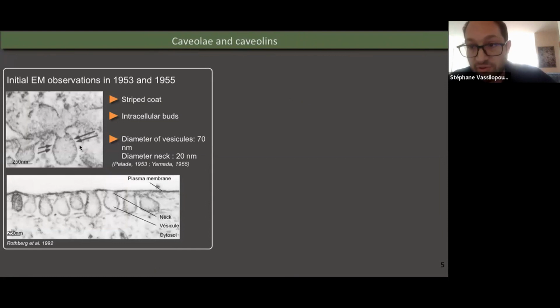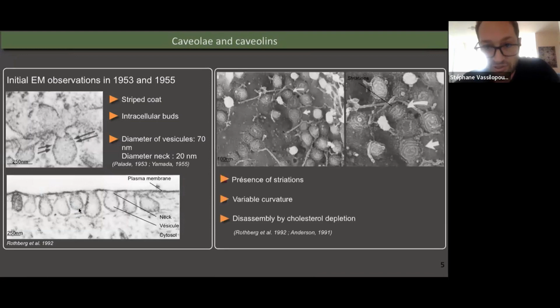If you look at them very carefully, you will see that caveolae present these small striations at their surface, and they're always the same. If you make longitudinal cell sections, you will see these accumulations of caveolae at the surface. They are what you call omega-shaped structures.